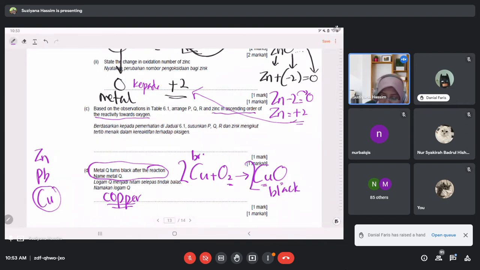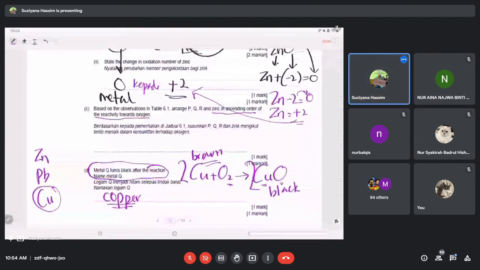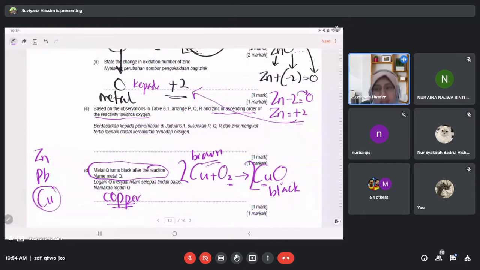Copper(II) oxide is black. Copper is brown. Okay, take note. Copper is brown. Brown here, black here. Copper(II) oxide is black. When you heat, you become copper(II) oxide. Before that, you start from the metal. The metal is a brown color.